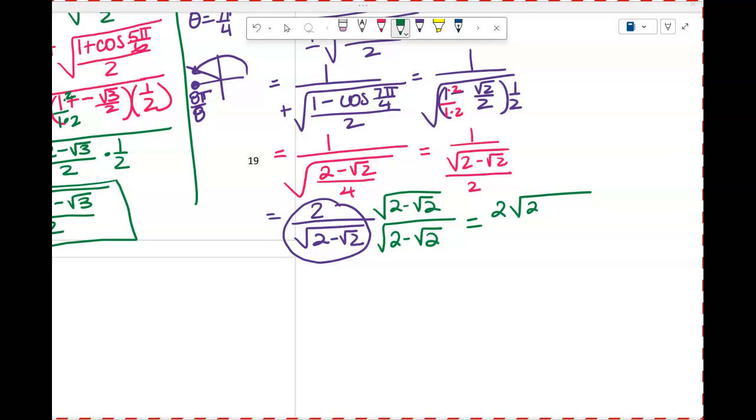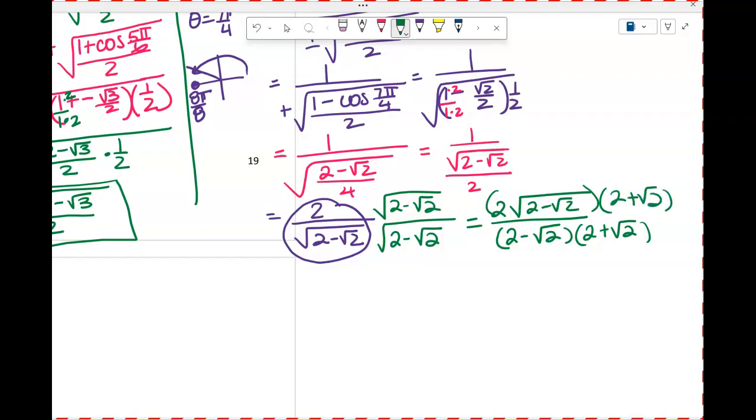Okay, so on the top is 2 on the outside times 2 minus square root of 2. Now 2 identical radicals will get rid of the radical. But guys, there's another radical, so this is when we're going to multiply by the conjugate at the bottom. I know, this is why it says extra credit.